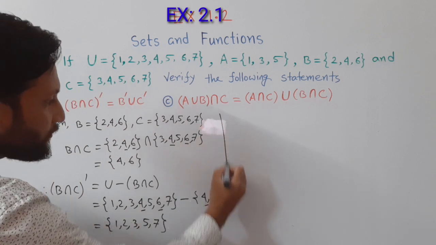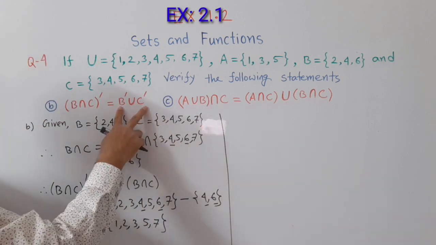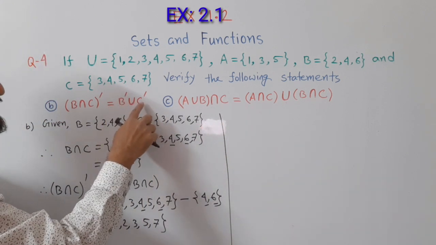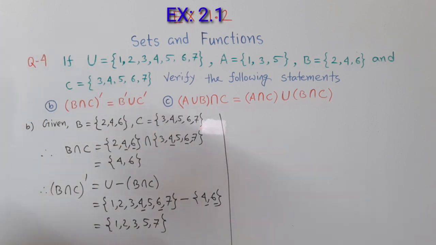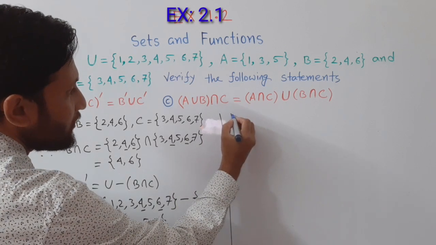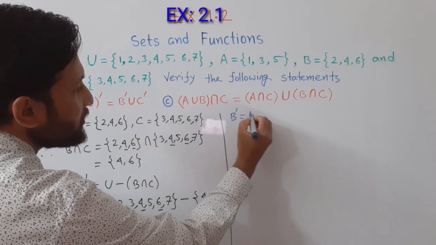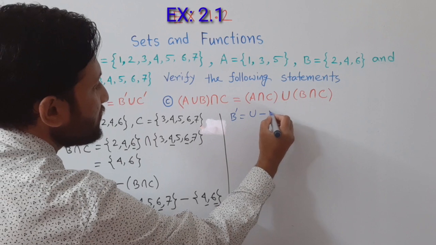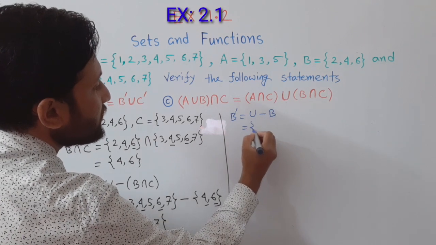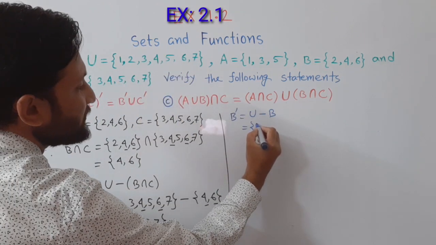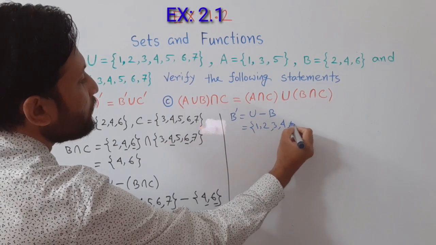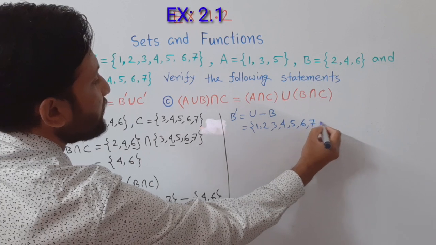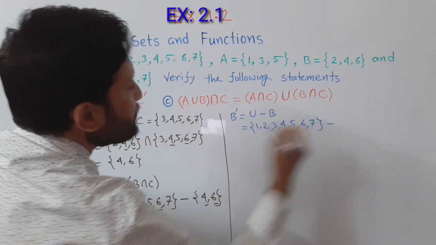Now for the right hand side, see that we have to identify B complementary union of C complementary. At first B complementary, that means universal set minus B. So universal set, that means 1 to 7, total 7 elements, 1, 2, 3, 4, 5, 6 and 7, and then minus B set.